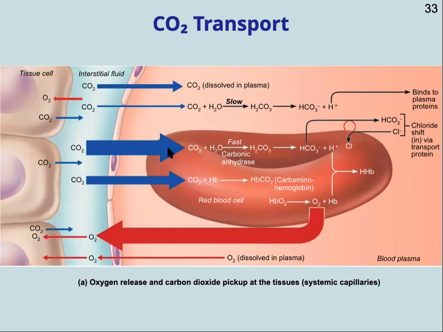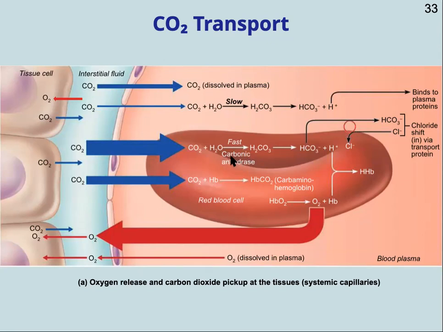The majority of carbon dioxide is actually transported in the form of bicarbonate. And the formation of bicarbonate occurs primarily within red blood cells, because as you can see, when it occurs in plasma, the formation of it is not catalyzed by an enzyme, so it's slow. However, within red blood cells, we can find these enzymes called carbonic anhydrase.